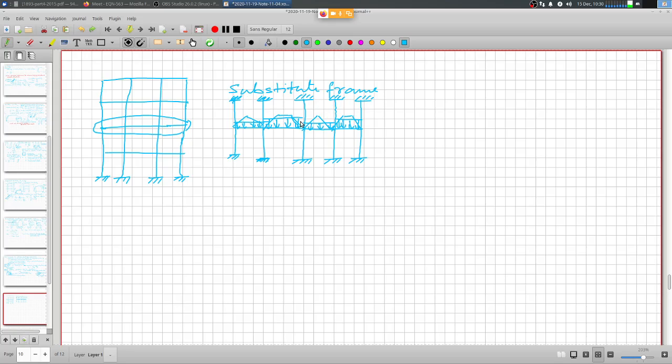And of course, it agrees with the classical theory of Saint Venant's principle that the effects are localized. So whatever is happening at this floor, the effects of those loads will have progressively less effect on the floors above and floors below. And that is why it is permissible to use this substitute frame.